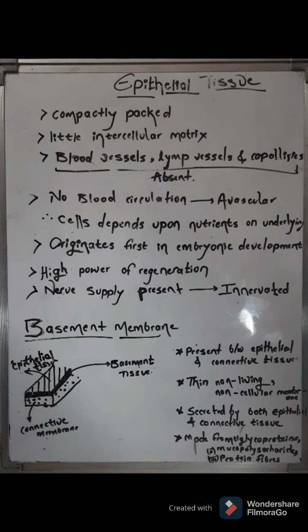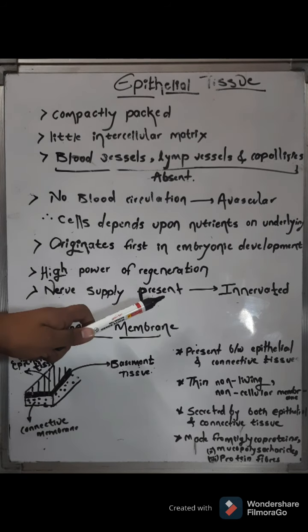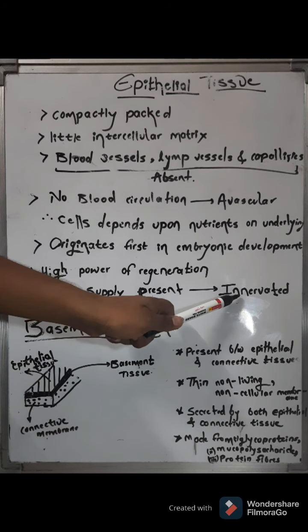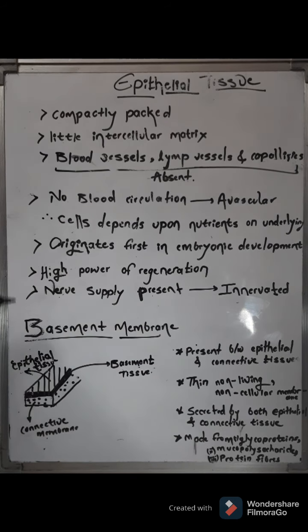That is nothing but the epithelial tissue. As epithelial tissue doesn't contain any blood, you will notice it's whitish and no fluid like blood comes out of it. So as nerve supply is present, it is called innervated.